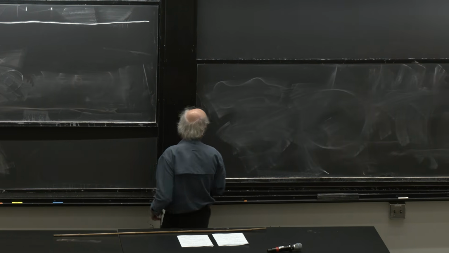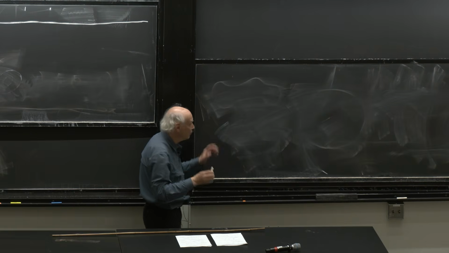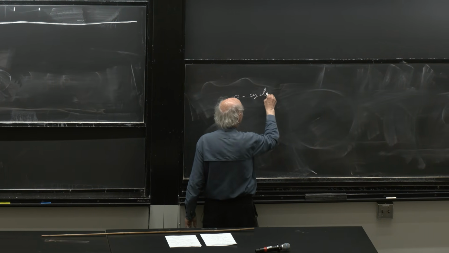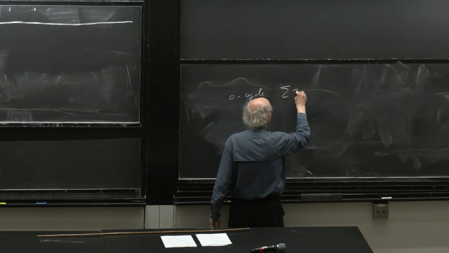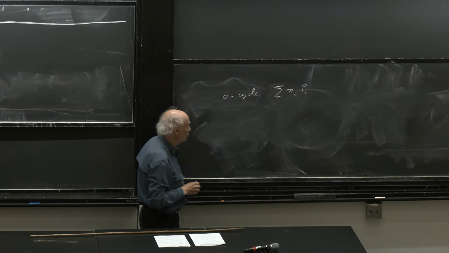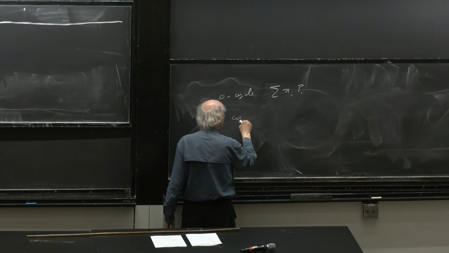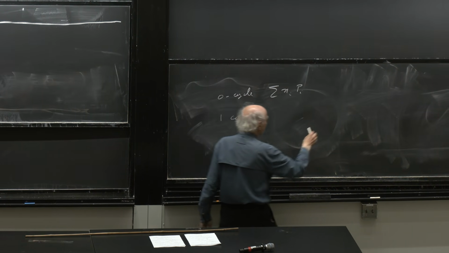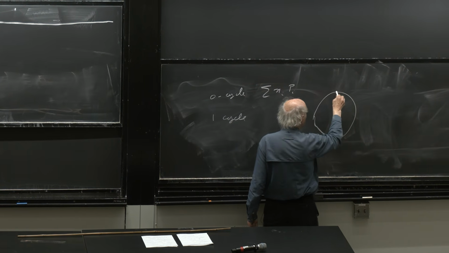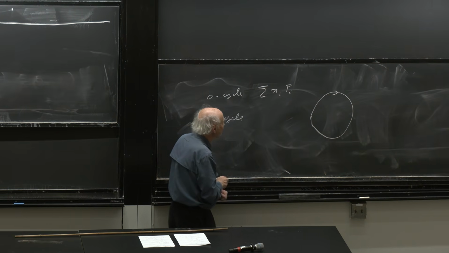So you have some variety like this plane. I am not especially complex for the time being. A zero cycle is just a sum of points with some integral coefficients. Now, a one cycle will look like a bunch of circles, but usually it can be more complicated.